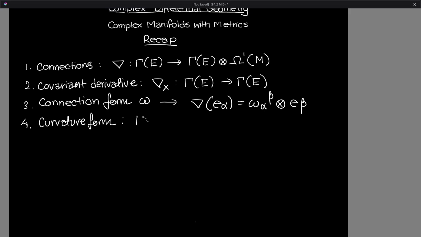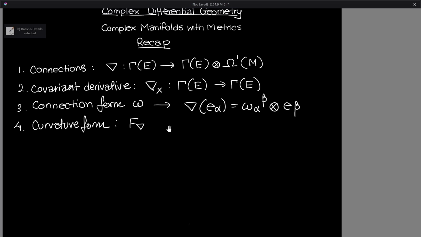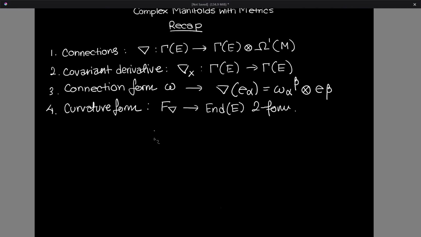We went from talking about F nabla, which was defined as a tensor, and then we went to omega. But I later found out that they're actually the same thing. You can call it F nabla or you can call it omega. They're the same. So we'll call it F nabla from now on. And this was a 2 form, an endomorphism valued 2 form, and it's equal to d omega minus omega wedge omega.